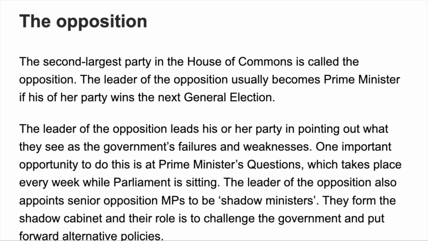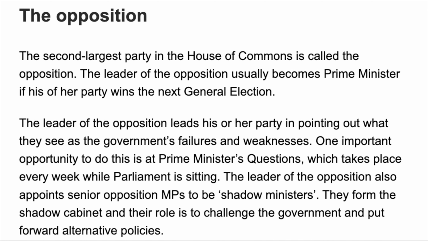The opposition. The second largest party in the House of Commons is called the opposition. The leader of the opposition usually becomes prime minister if his or her party wins the next general election. The leader of the opposition leads his or her party in pointing out what they see as the government's failures and weaknesses.